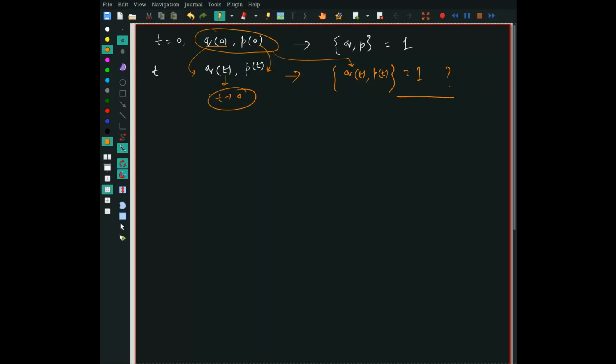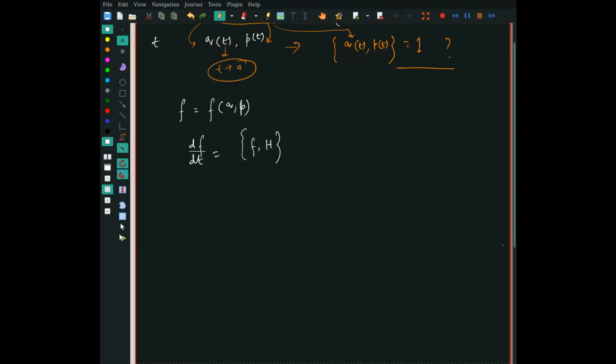In the last lecture, we found the Heisenberg equation of motion: if you are given f as a function of q and p, then df/dt turns out to be the Poisson bracket between f and H. And we found that if f and H commute, then f is a conserved quantity.